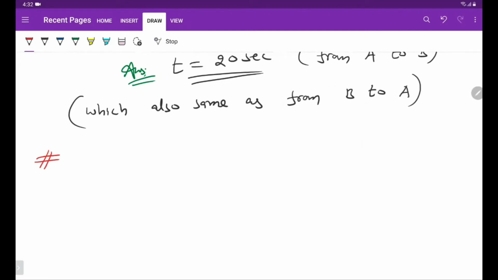There are two cars separated by a 10-meter distance. Suppose this is car A, and this is car B. The distance between car A and car B is 10 meters.